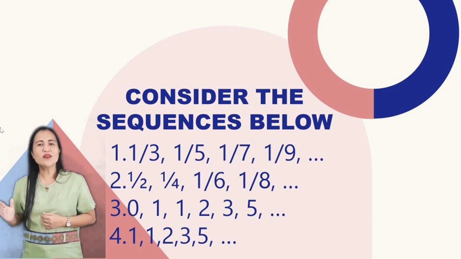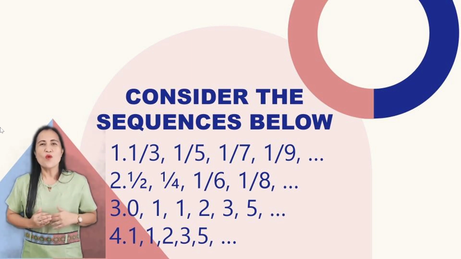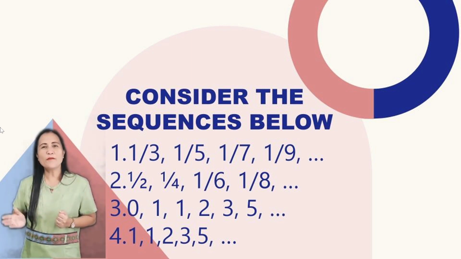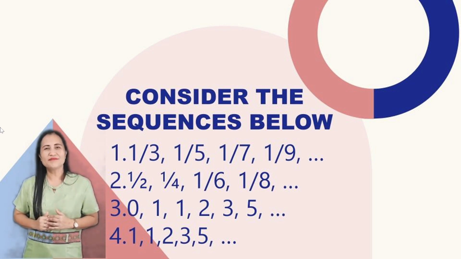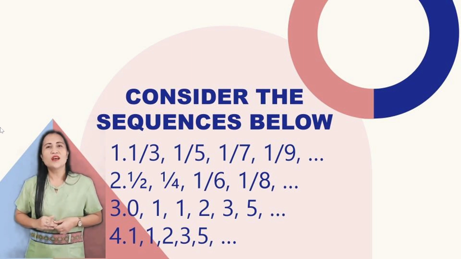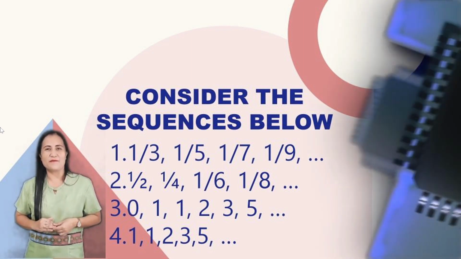We have also the second example: 1/2, 1/4, 1/6, and 1/8. The third one, we have 0, 1, 1, 2, 3, 5. And the next one, we have 1, 1, 2, 3, and 5.